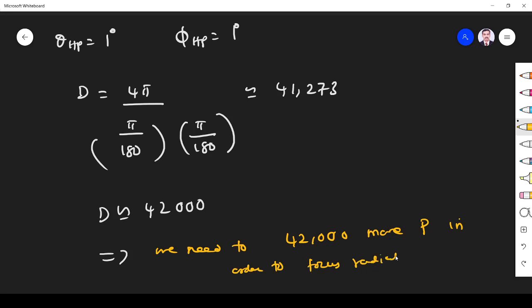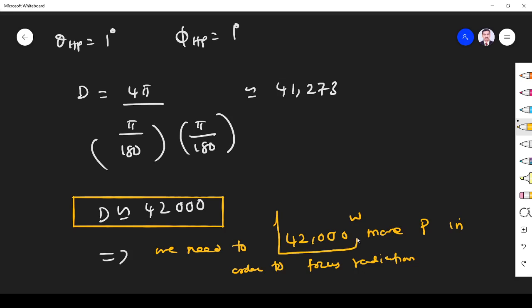If you don't have a directional antenna and have only an omnidirectional antenna, we have to spend extra 42,000 watts of power in order to focus our radiation in the particular direction.